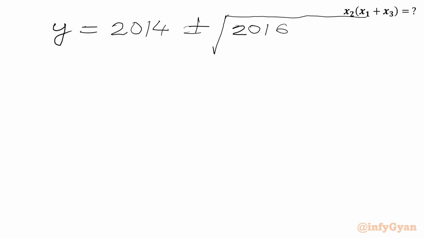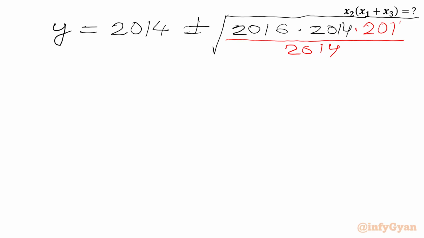2016 times 2014. Now for simplification, I will multiply in the numerator and denominator by 2014. Here also I will write 2014. Now in this radicand we will be having 2014 whole square, so it will come out from square root as 2014.